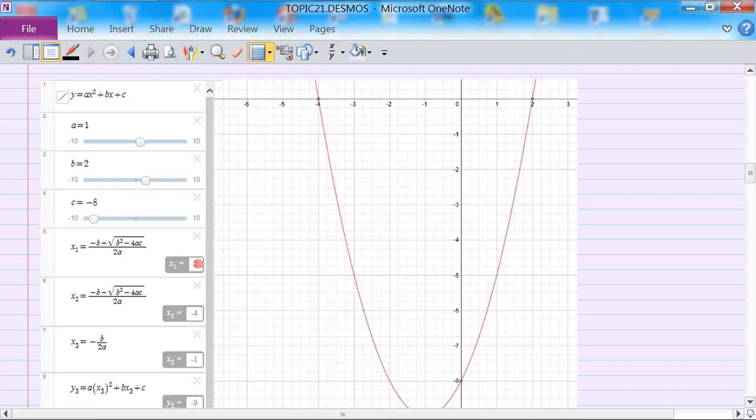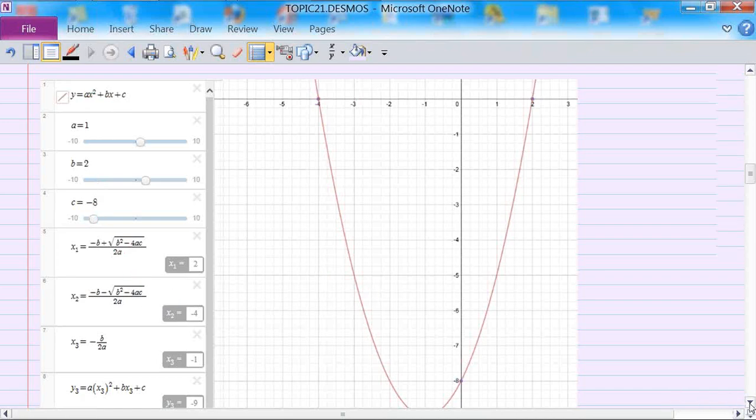Here we see the calculated values of the two x-intercepts as 2 and minus 4. Here you see the 2 value, here you see the minus 4 value. So I've calculated the x-intercepts, and I've shown where they exist on the graph, which was obtained from the entries in boxes 1, 2, 3, and 4.